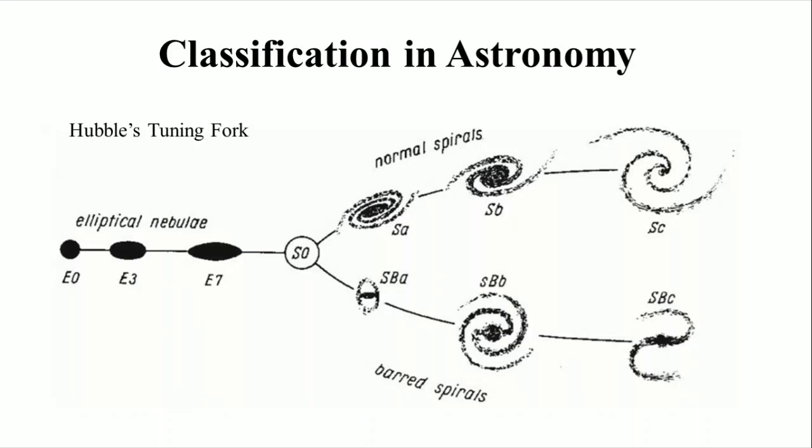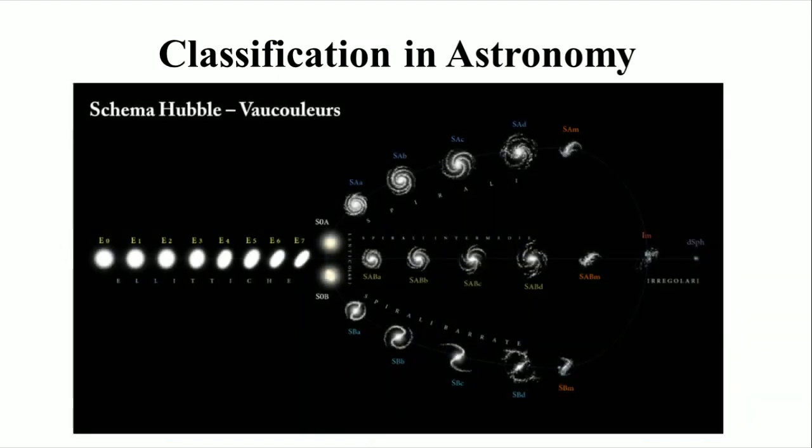After Hubble's work, it was modified and expanded upon by Gérard de Vaucouleurs, who saw galaxy morphology as a more continuous distribution, and he introduced more intermediate classes to include all objects and uniquely identify them.